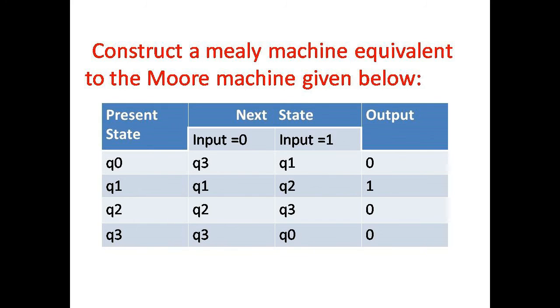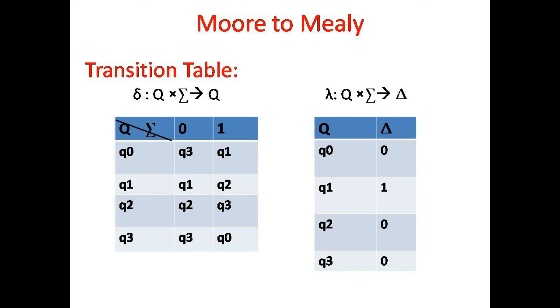By using this table, we can construct the state function table del and machine function table lambda. These are the transition tables of the Moore machine, the del state function table and the lambda machine function table.